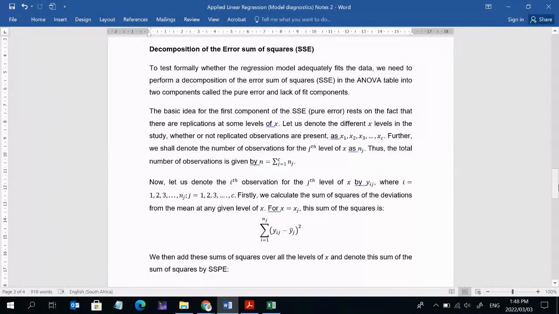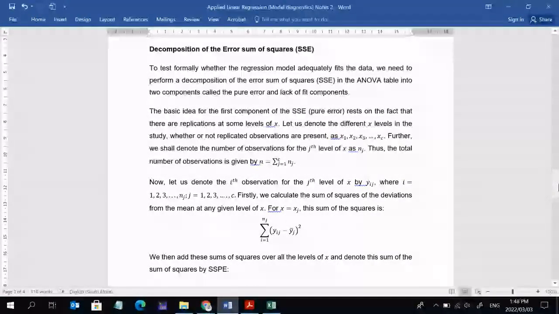The first component, which is the true error, rests on the fact that there are replications. So if there are no replications in your data set, then you cannot use the lack of fit, as I have explained.